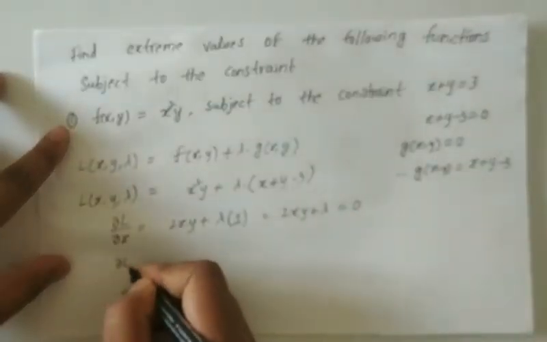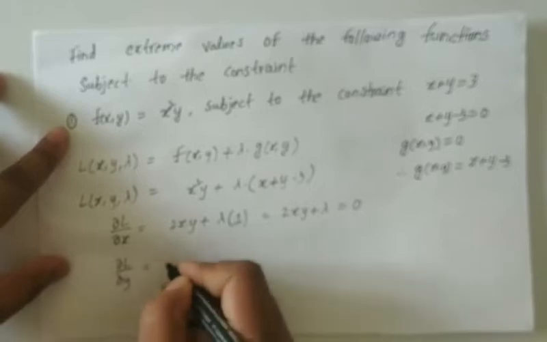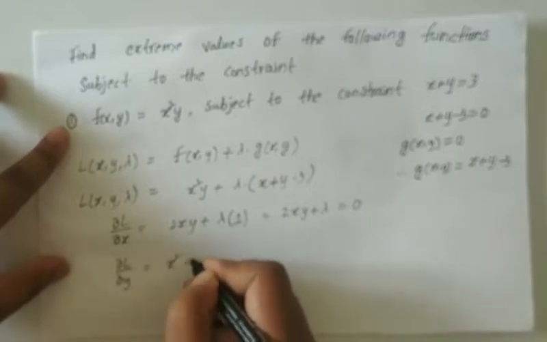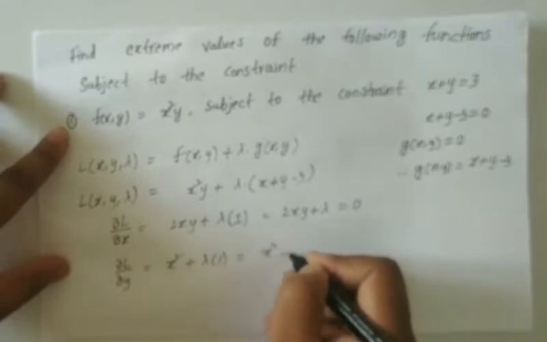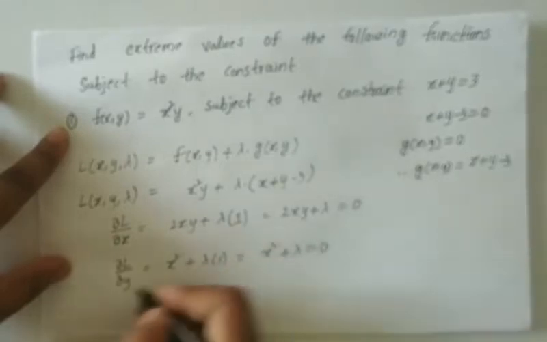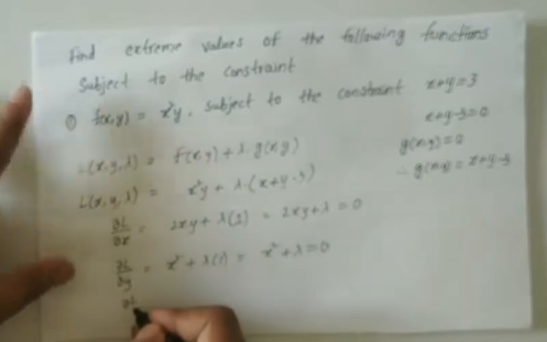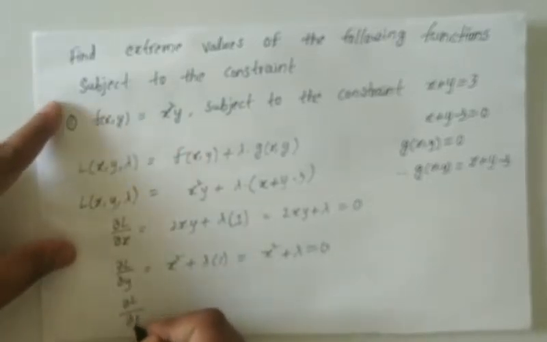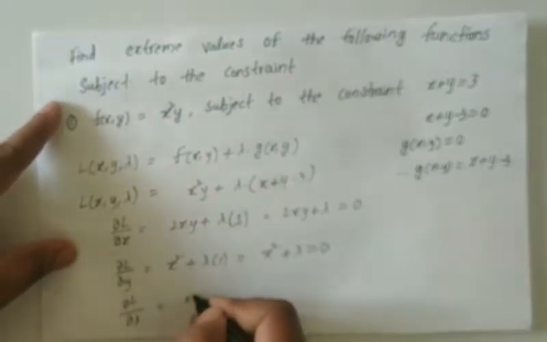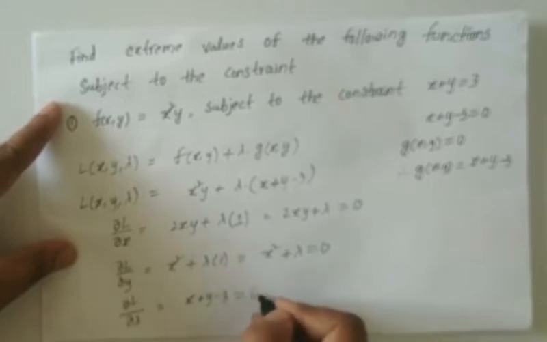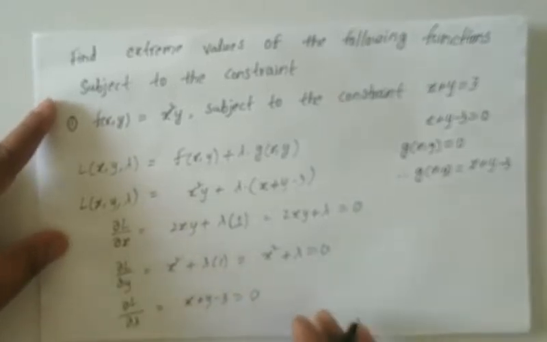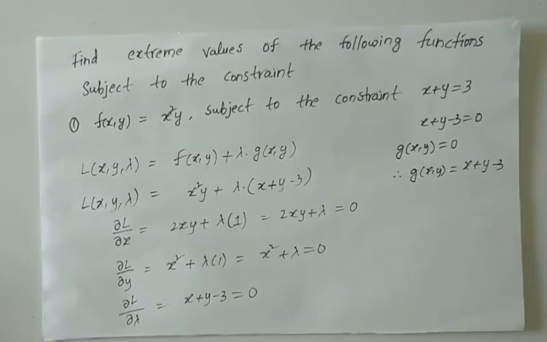Similarly, ∂L/∂y is x square plus lambda, equal to 0. Then ∂L/∂lambda is x plus y minus 3, equal to 0, which is g of x comma y equal to 0.